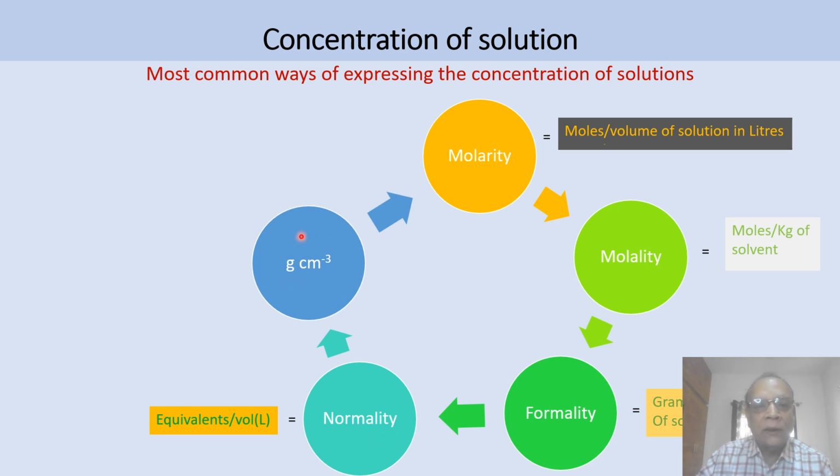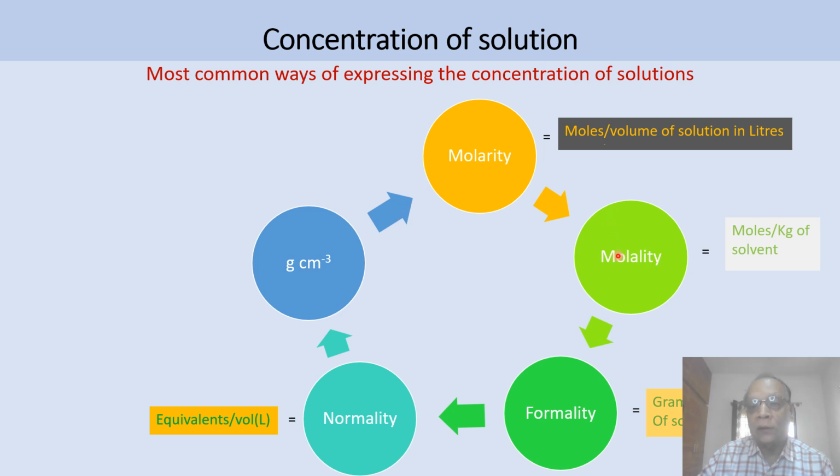The simplest way is grams per centimeter cube, or grams per milliliter, and we know that 1000 milliliters is equal to 1 liter. So it becomes kg per liter, or grams per centimeter cube, or grams per milliliter.